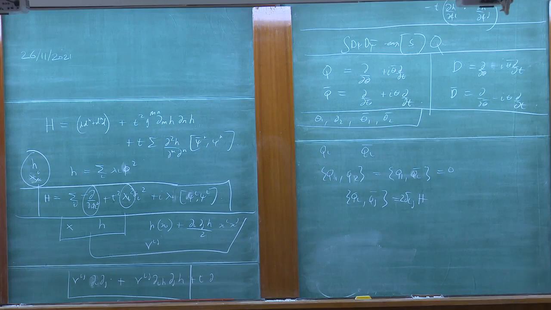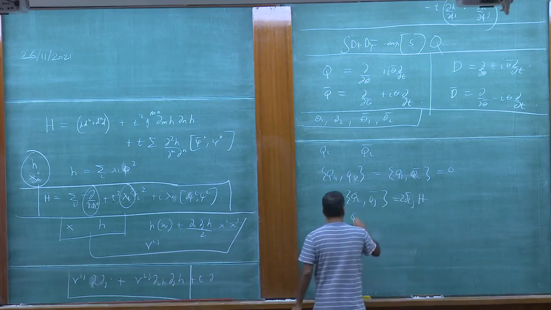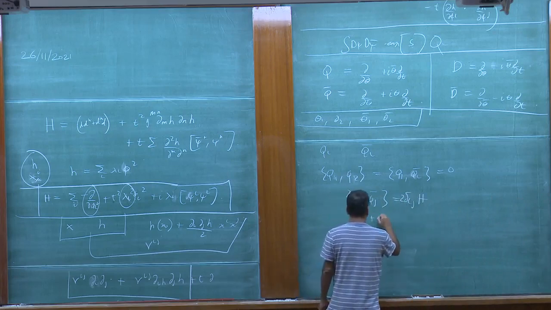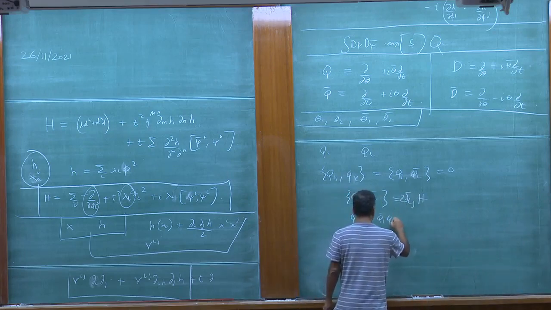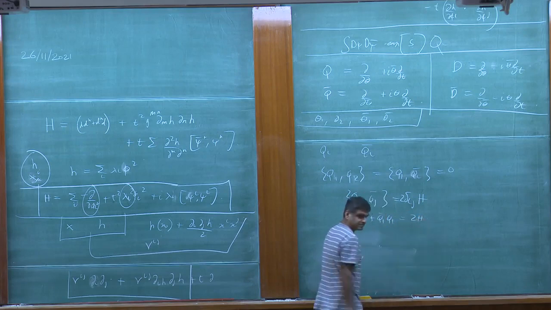When we worked with our minimal supersymmetry, you said that the anti-commutator of Qi and Qj bar is delta Ij. So H is equal to Q1 Q1 bar plus Q1 bar Q1, which is equal to 2H.